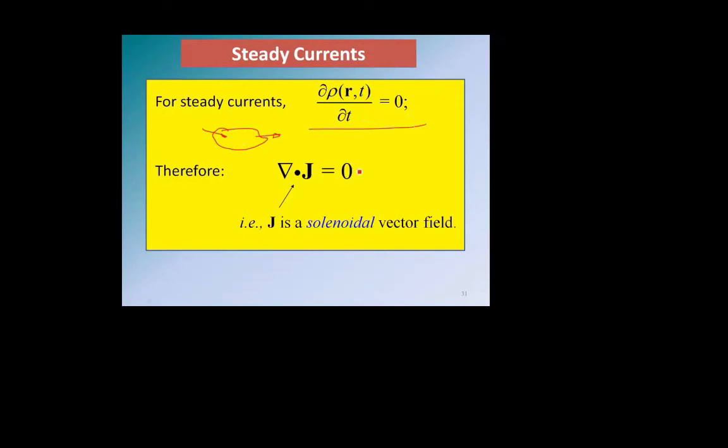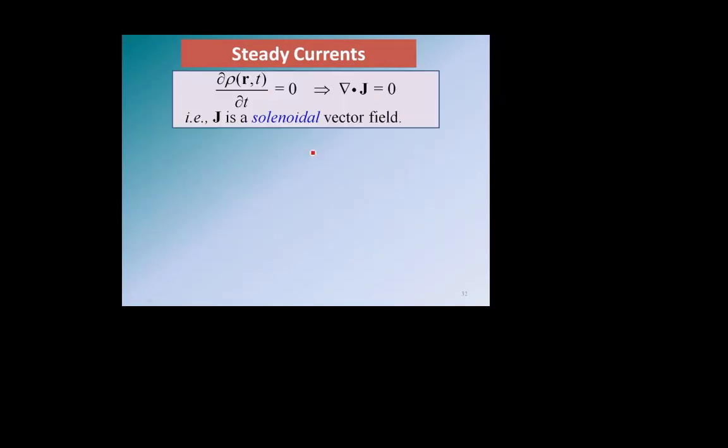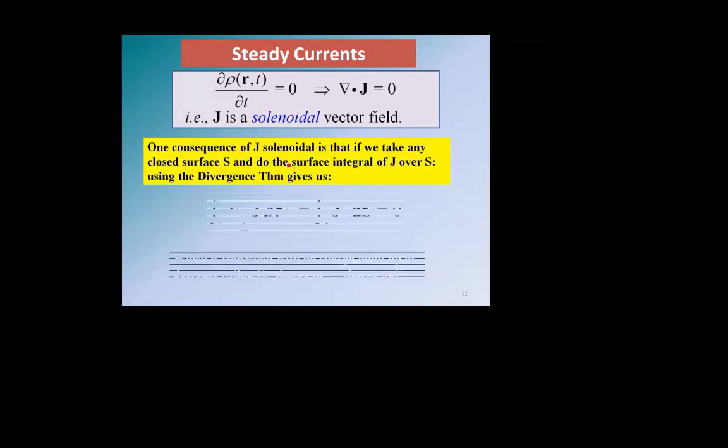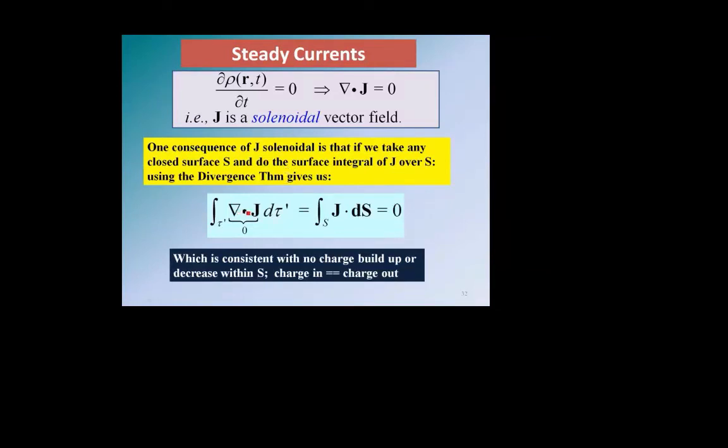If that's true, then it means that the divergence of j is equal to 0. And if you remember, any vector that has 0 divergence is called a solenoidal vector field. If we have steady currents, then j is a solenoidal vector field, and one of the consequences is that if we take any closed surface and do the surface integral of j over S, we can use the divergence theorem to get the following: that if this is 0, then it means that the surface integral of j is equal to 0.